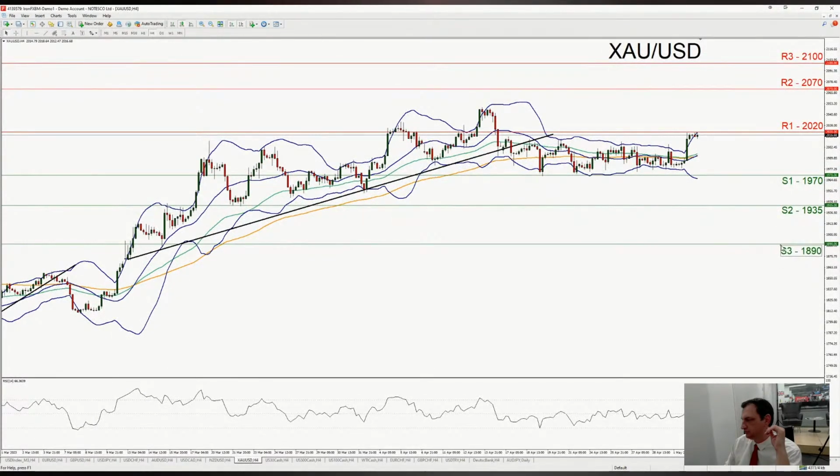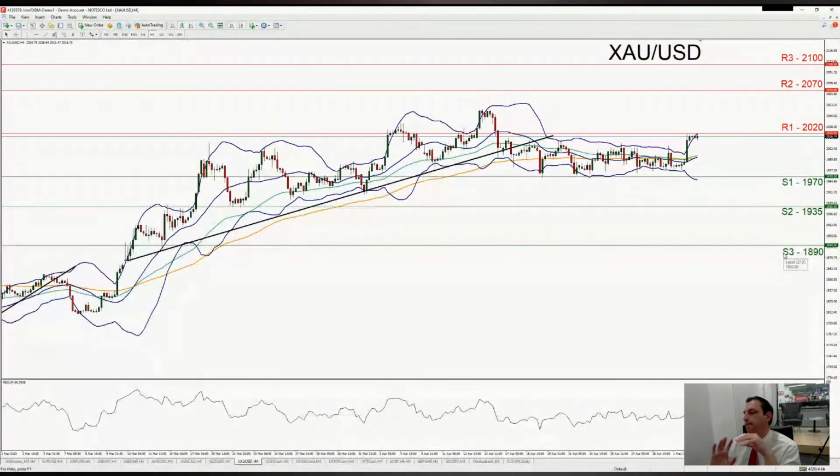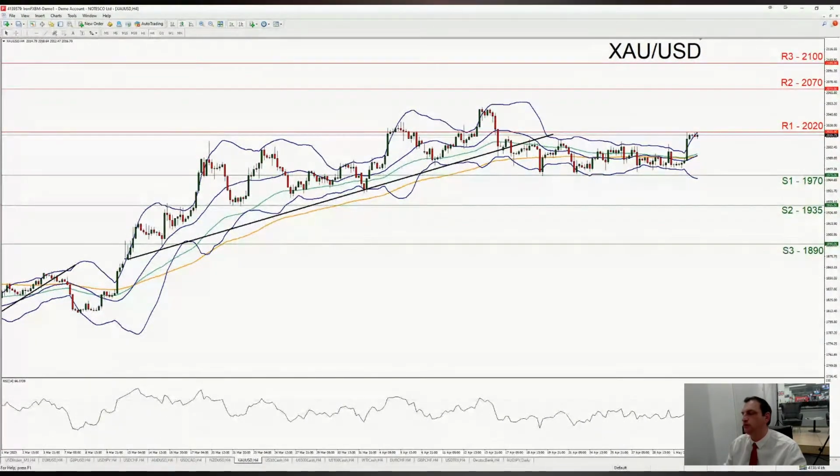So on the one hand, we see a continuance of the sideways motion of the pair. It's going to be interesting whether that's going to be maintained or not. Note the RSI indicator, which is pretty high. It's actually just below the reading of 70, and currently it's at 66.3.